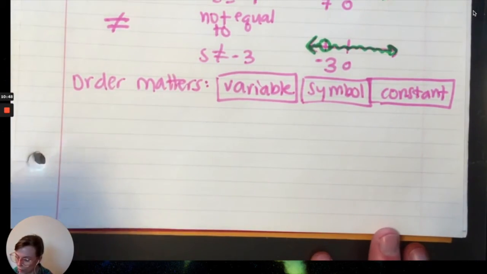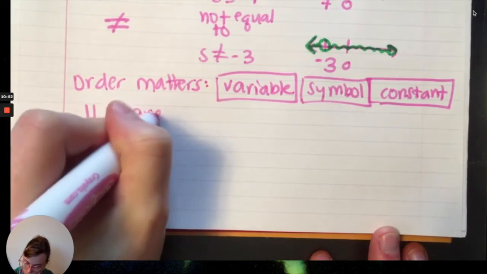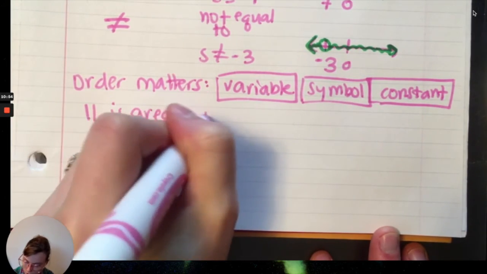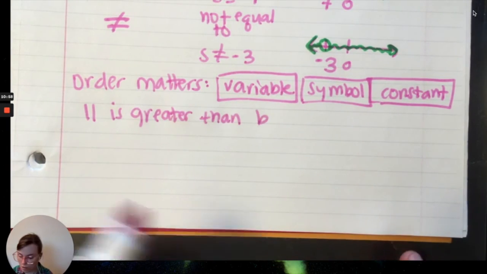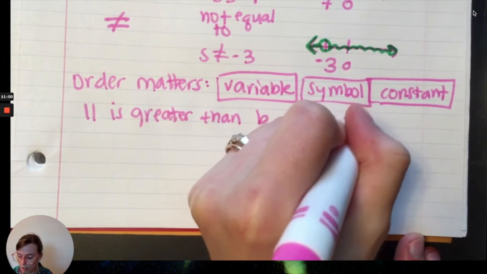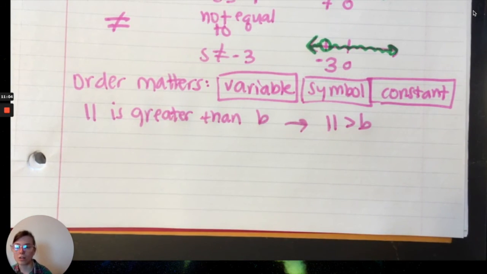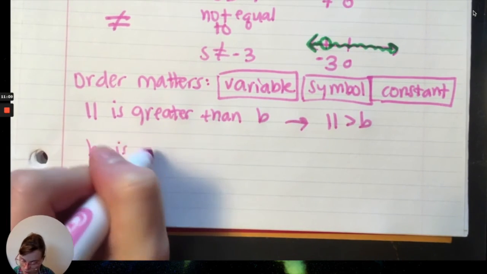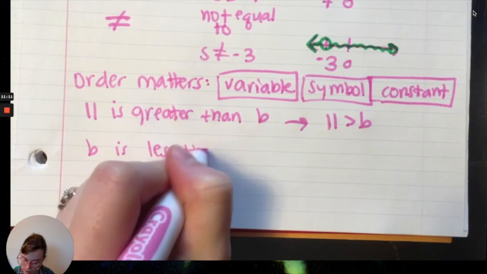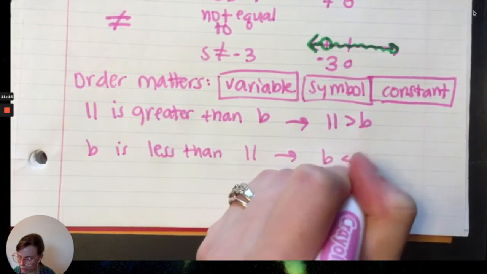All right? So we're going to look at that a little more just to make sure you have the words here. So if I say 11 is greater than B, this is saying that is my inequality. I'll draw an arrow. 11 is greater than B. I could also write B is less than 11, which tells me this.